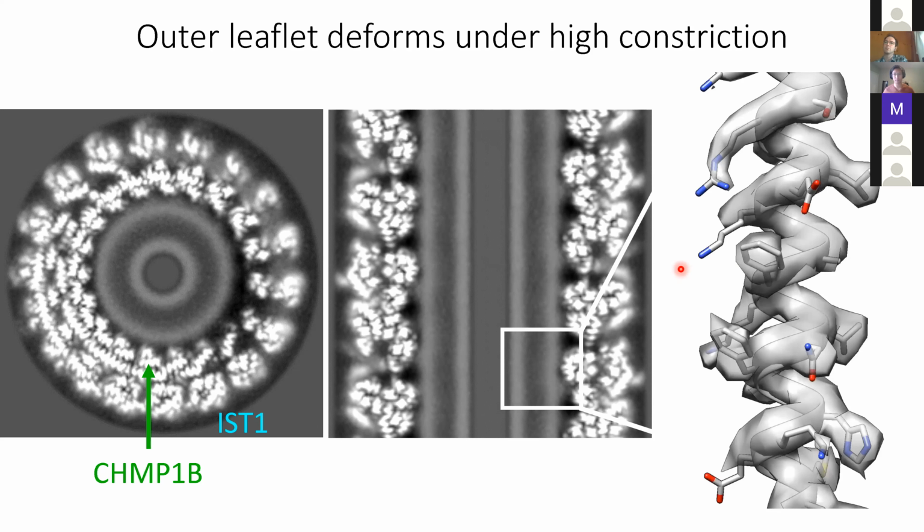And the hydrophilic head groups that have been pushed or splayed apart, especially considering the curvature of that leaflet, may then be interacting with the neighboring charged residues. But this will require further work. So I'll say we haven't trapped an even tighter constriction state yet, but perhaps we need an additional factor for that to occur.